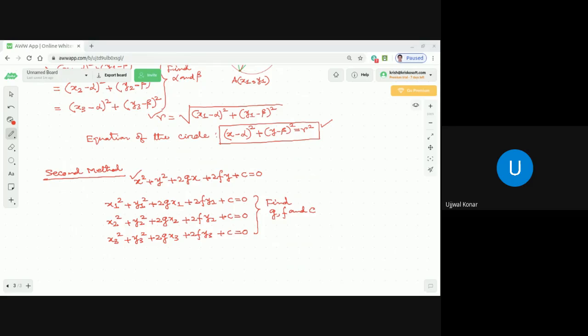So later, when we discuss the solution to the system of linear equations, it will all come into the picture.